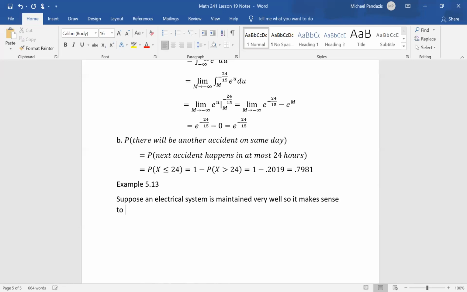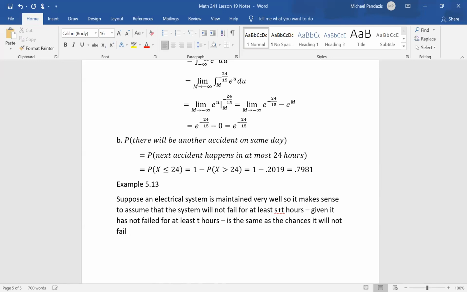So it makes sense to assume that the system will not fail for at least S plus T hours, given it has not failed for at least T hours, is the same as the chances it will not fail for at least S hours.